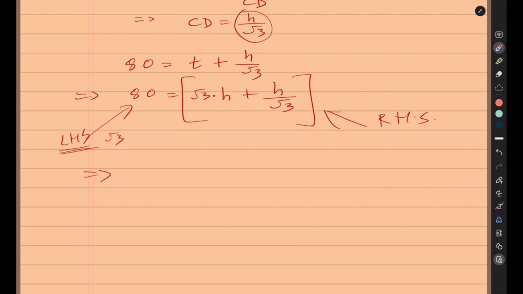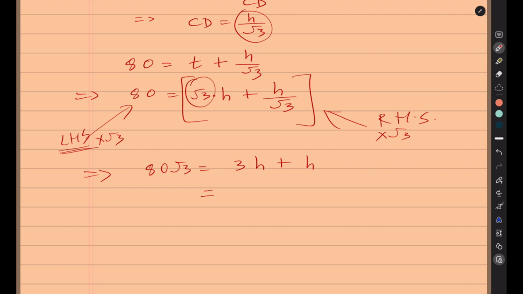So what we will get: 80 times root 3 is equal to 3 times h plus h. Does it make sense to you? You can just try to understand if you cannot understand very quickly, because we have multiplied by root 3.